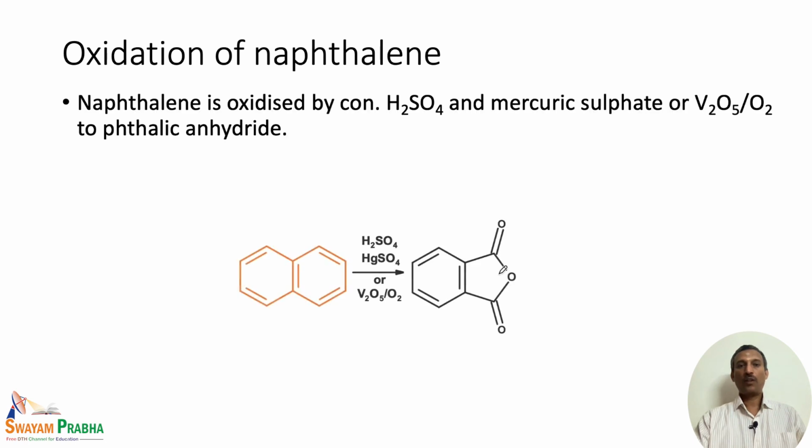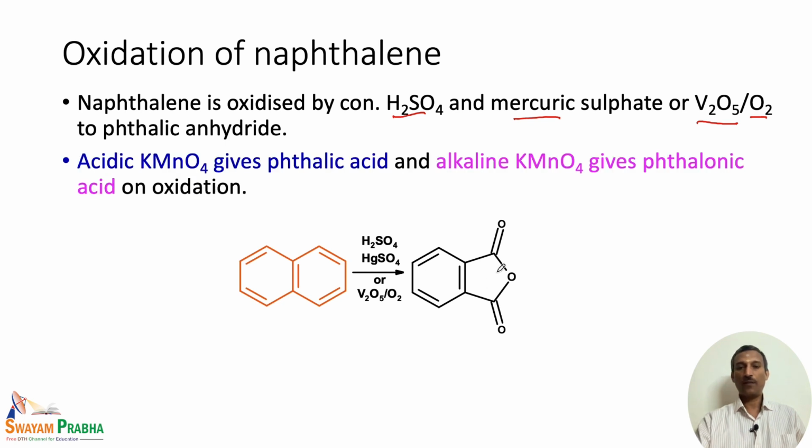So the next one is the oxidation of naphthalene. If we simply oxidize naphthalene with sulfuric acid and mercuric sulfate, or vanadium pentoxide and oxygen, that leads to the formation of phthalic anhydride. What we can say is the oxidation leads to phthalic acid, which may undergo dehydration to give phthalic anhydride.